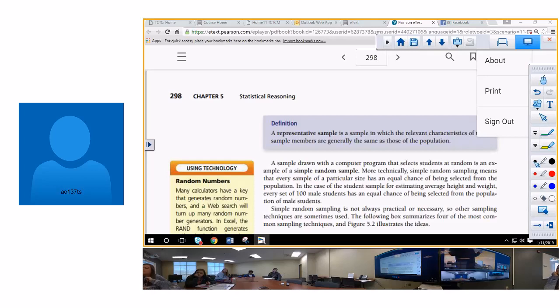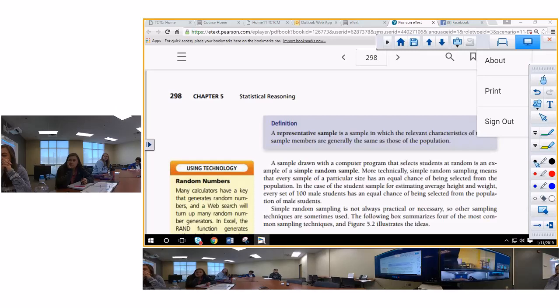And I put them in a goldfish bowl, and I pick one of these out of that goldfish bowl. What is that called? That's called a random sample. Why? Anybody want to take a guess on why that's called a random sample? Because it's completely random.